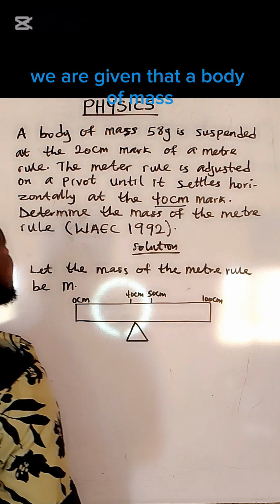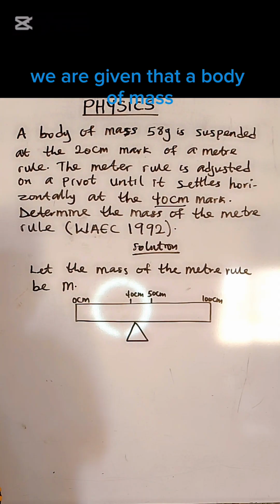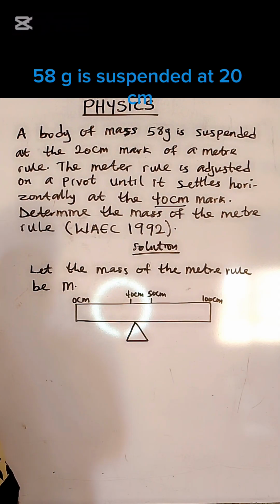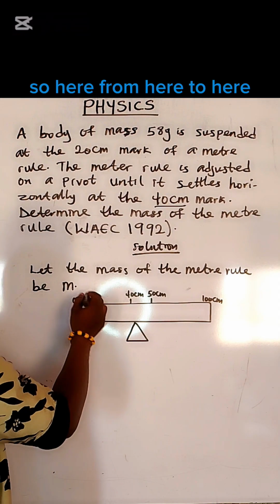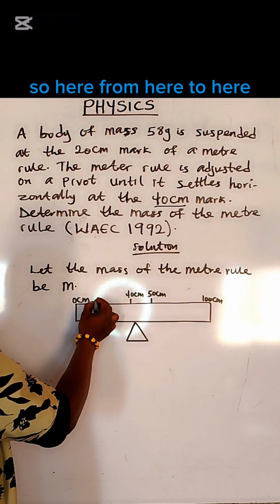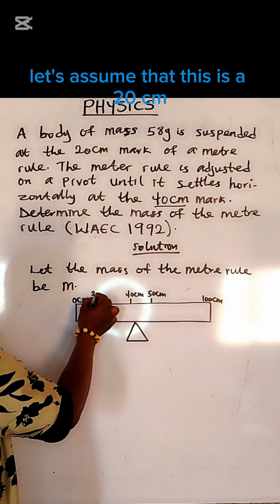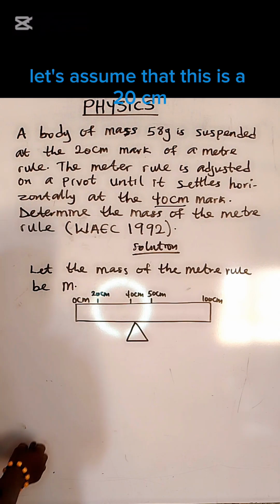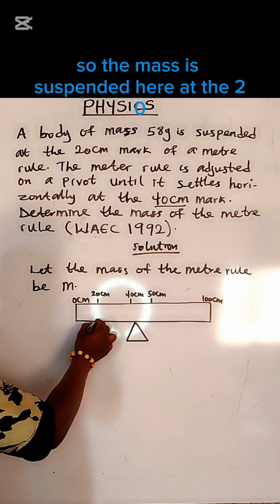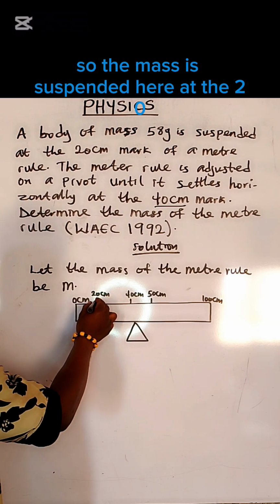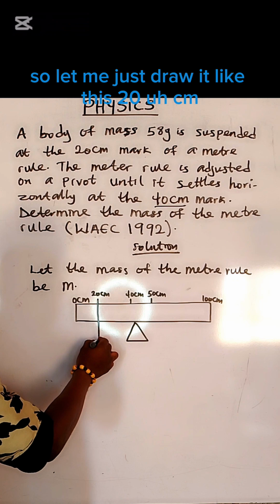We are given that a body of mass 58 grams is suspended at the 20 centimeter. So from here to here, let's assume that this is 20 centimeter. So the mass is suspended here at the 20.